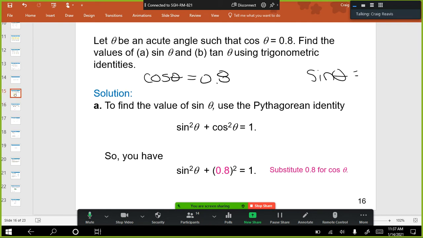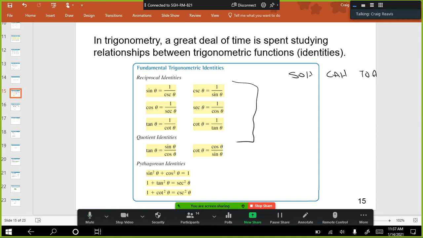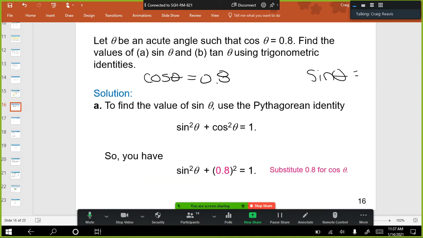So we've got to use these identities to see if there's something that compares sine and cosine, so we can gather what sine is from the cosine.